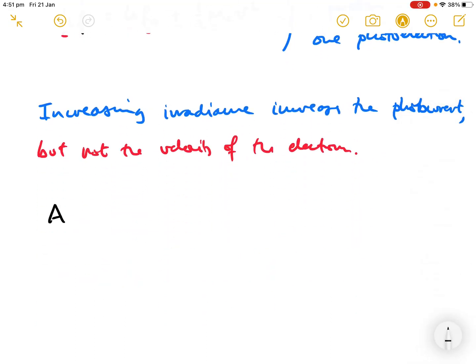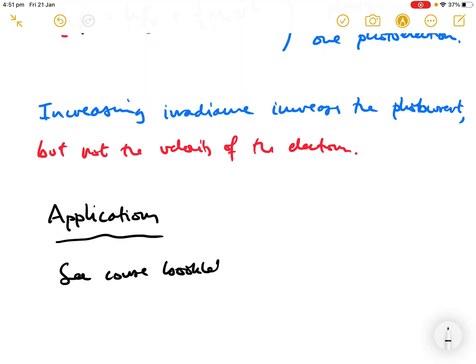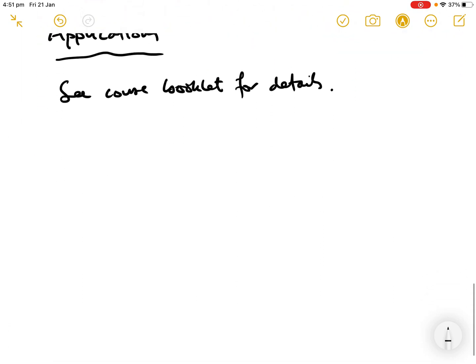Finally, a couple of words on applications. My first point is see course booklet for details. Too much to write down here, but there are several applications of the photoelectric effect.